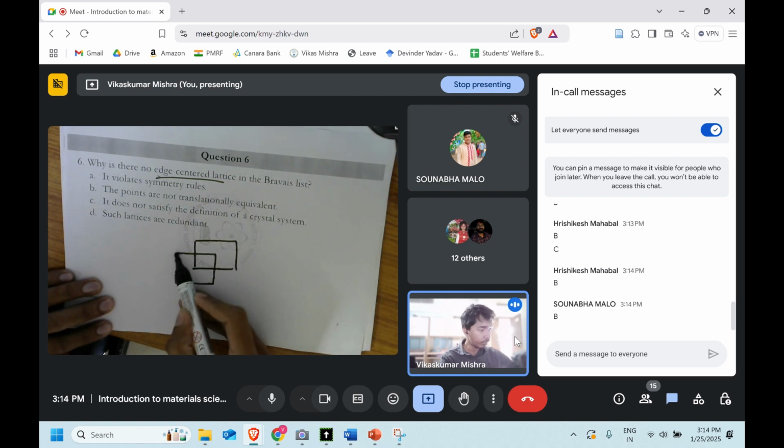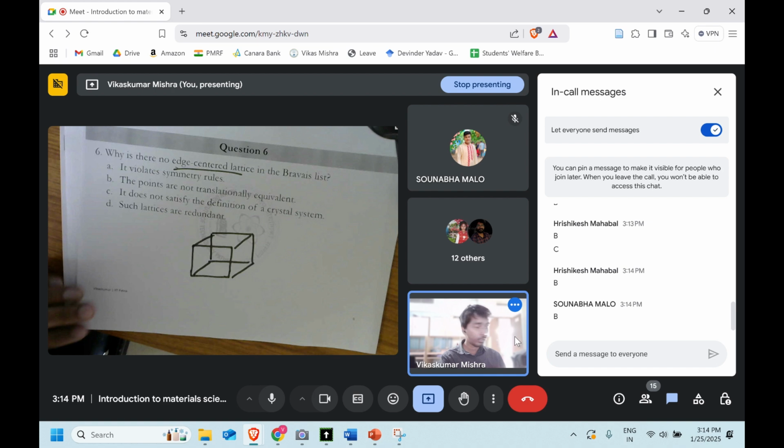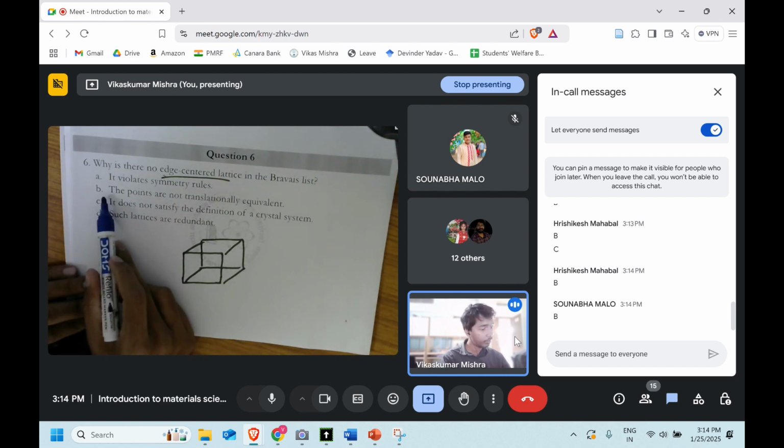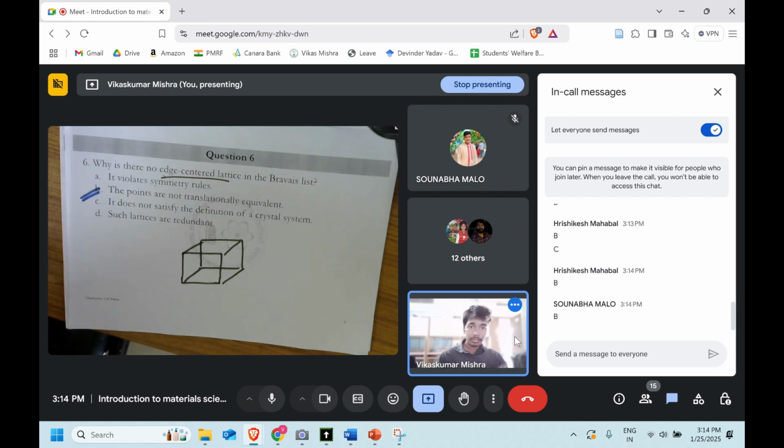I mean only the S center. Okay, all of you are saying option B, the points are not translationally equivalent. That's right.